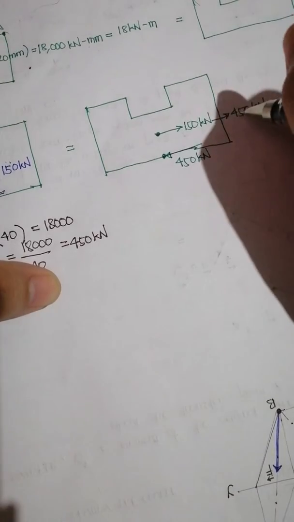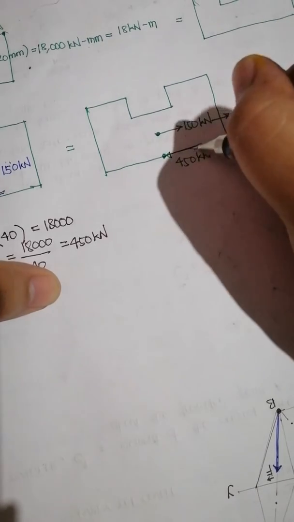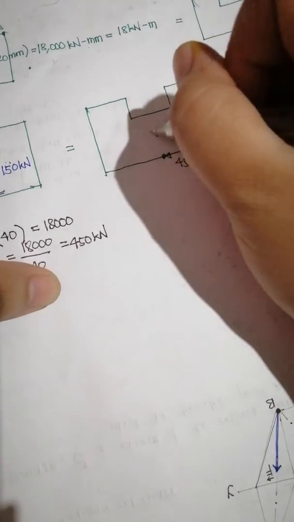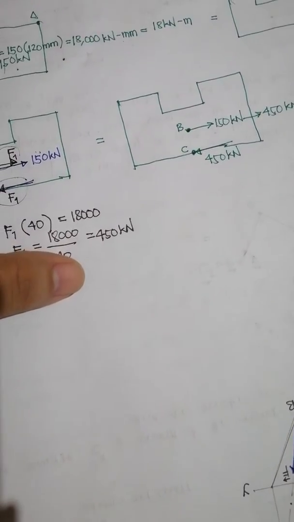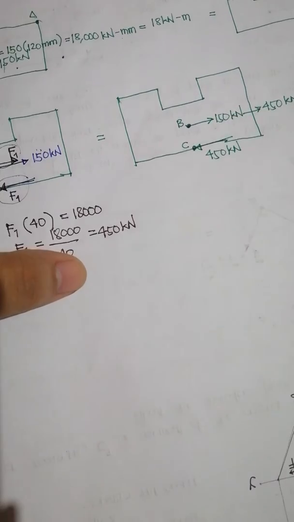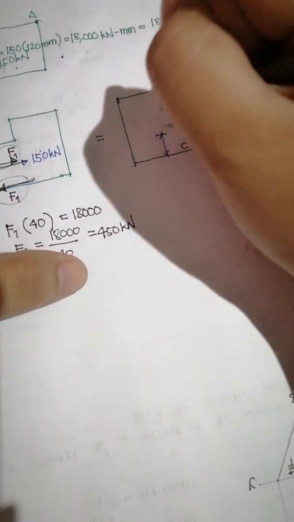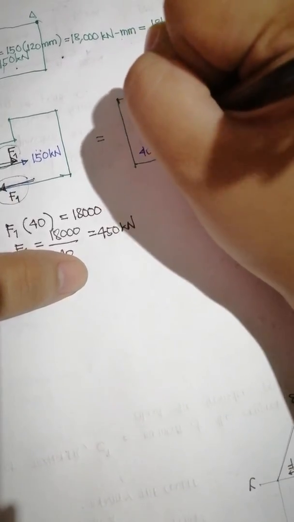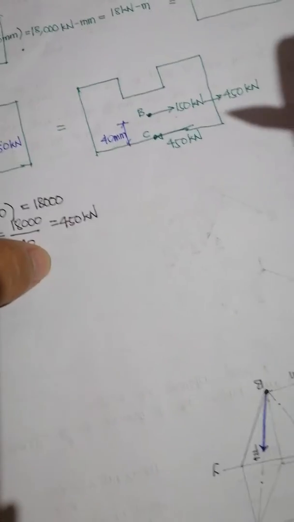With 450 to the right and 450 to the left, acting at point B and point C respectively, there is a couple formed, which is 450 times the perpendicular distance of 40 mm, equal to the couple of transfer 18,000 kilonewton mm.